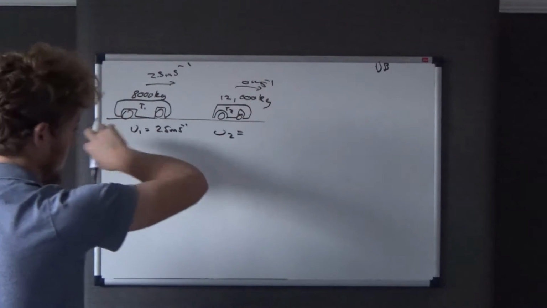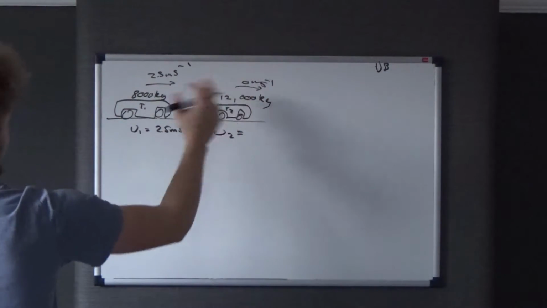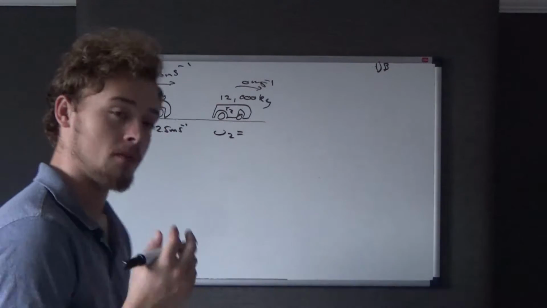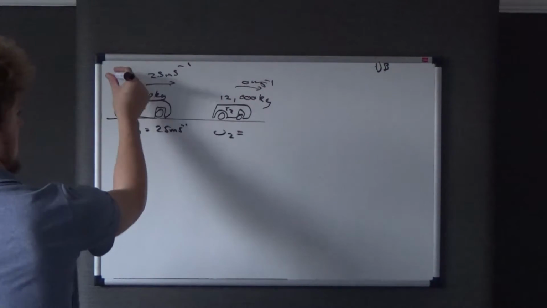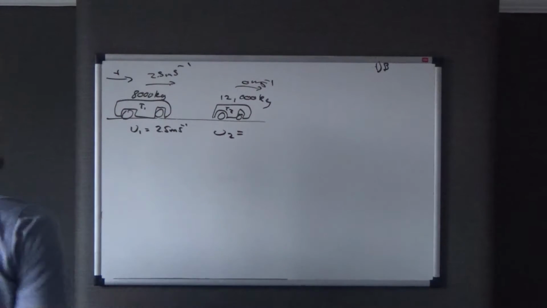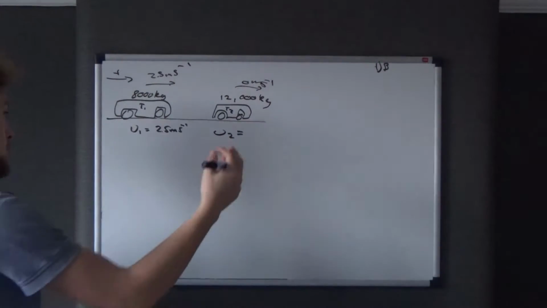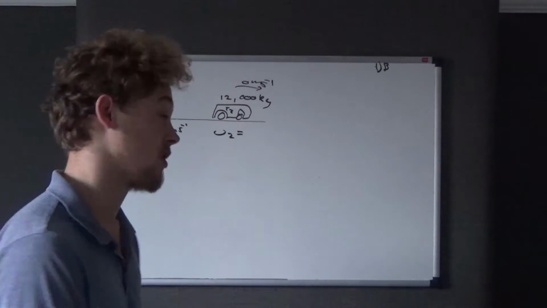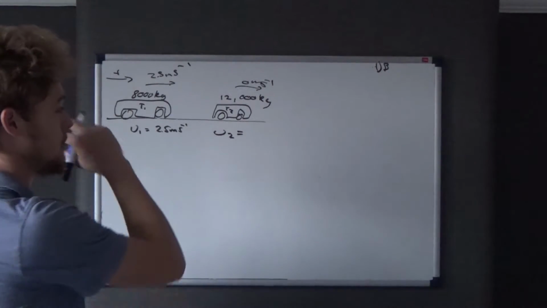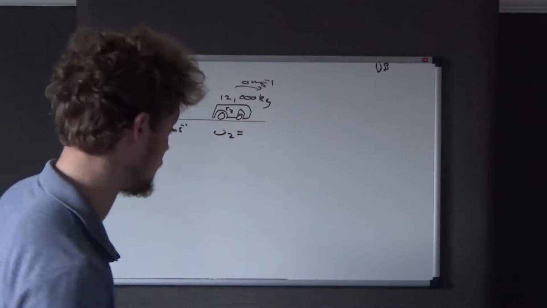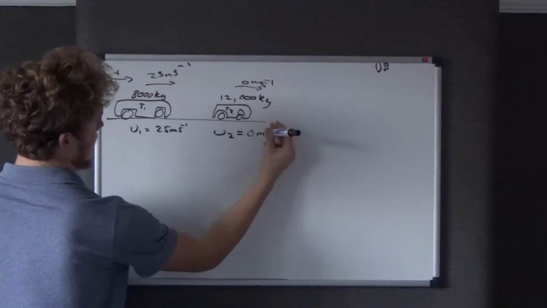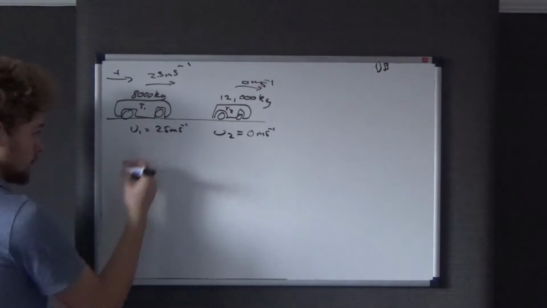As neither truck is going to go left, we can take the positive direction as the way they're going. If one was going to rebound the other way, you would need to take into account that the velocity is going to be negative at some point. But as they're both moving right, we can take it all as positive velocity, so be aware of that, because that can catch you out in these questions.